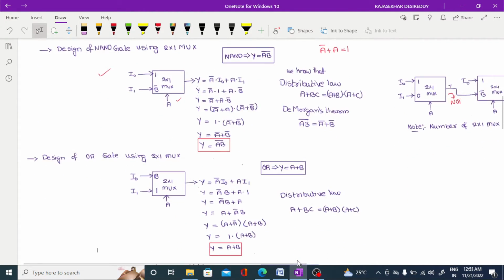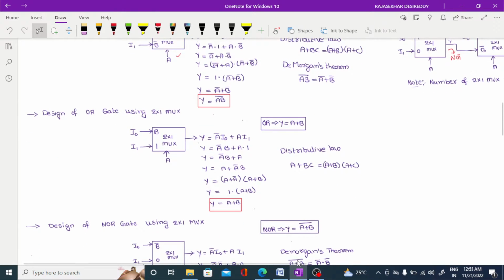Next, design of OR gate. To design the OR gate, here I am considering b and 1 as the inputs. I0 is given to b, I1 is given to 1. Now we know the OR gate output is y equals a plus b.